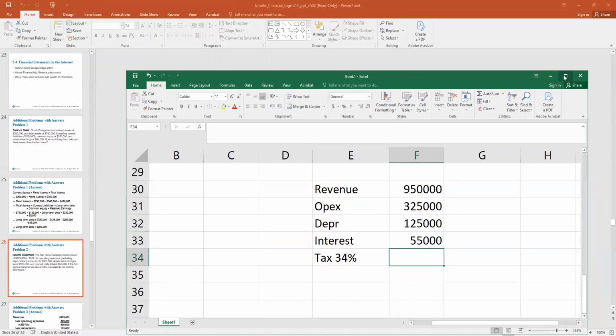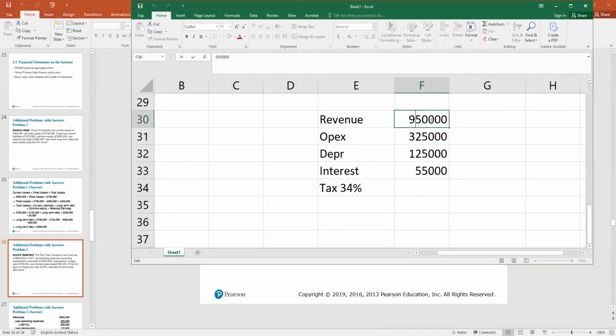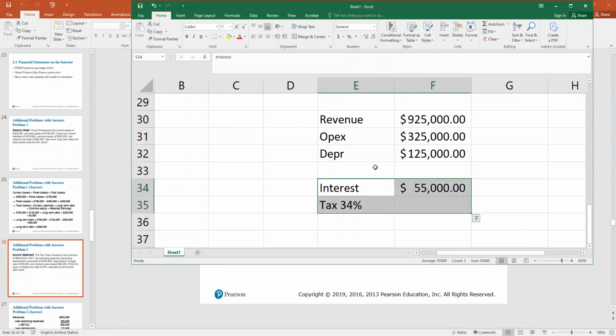So again, we're going to construct the income statement. Revenue minus all expenses, we get... sure, I might be mistaken. Yeah, my bad. Now my revenue minus OPEX minus depreciation, and I will get EBIT.